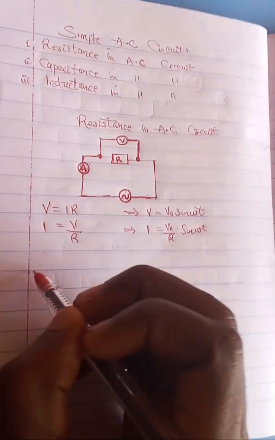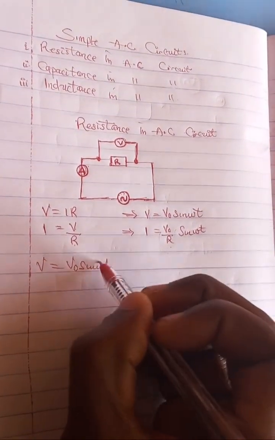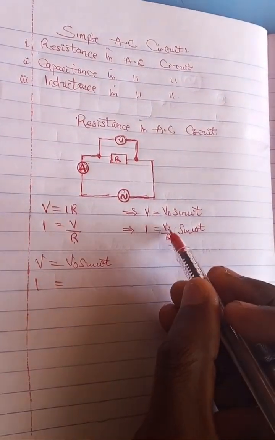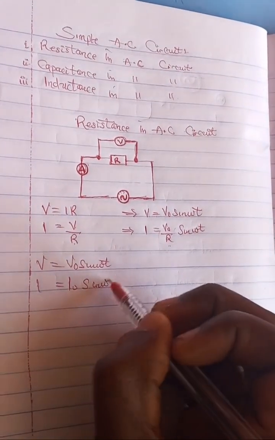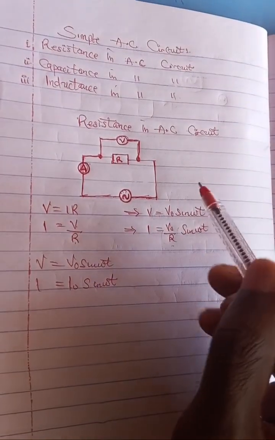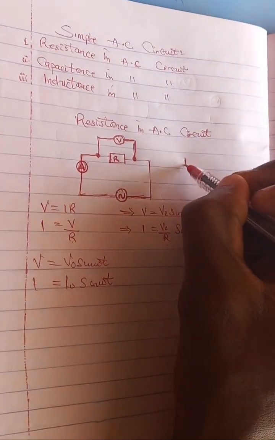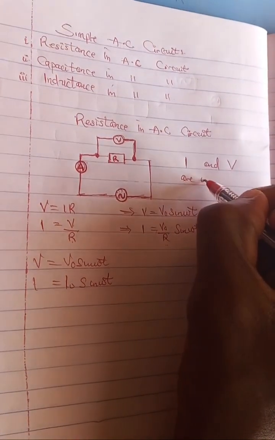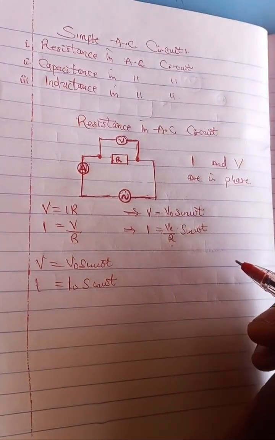Therefore, we can say that V equals V naught sine omega t, and I equals V naught over R. Since V naught over R is I naught, we have I equals I naught sine omega t. So for resistance in an AC circuit, current and voltage are both in phase.